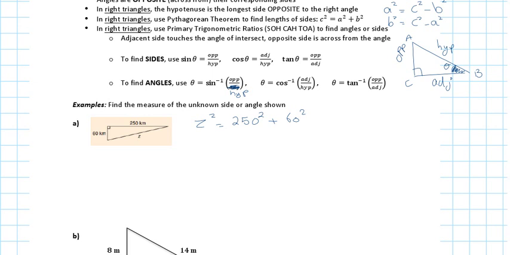60 squared is 3,600. Can you give me the full answer for 250 squared? 62,500.